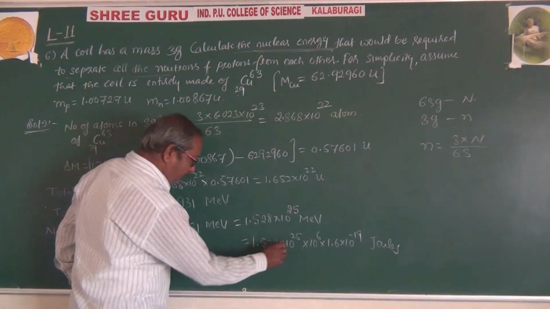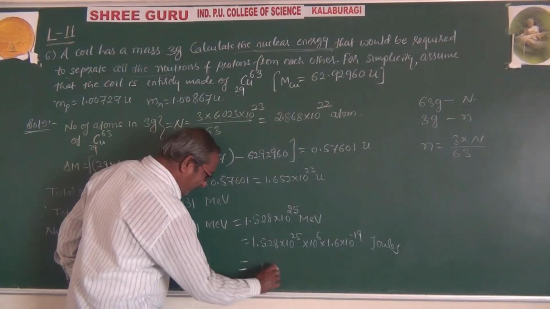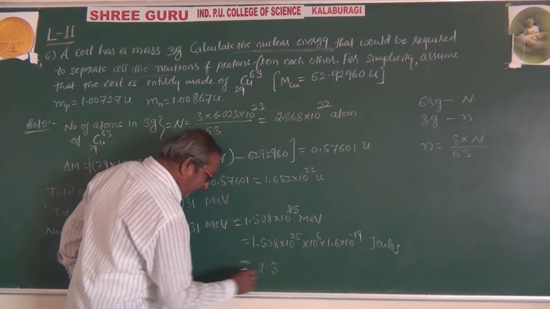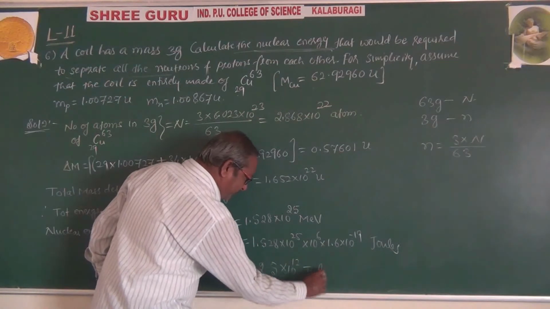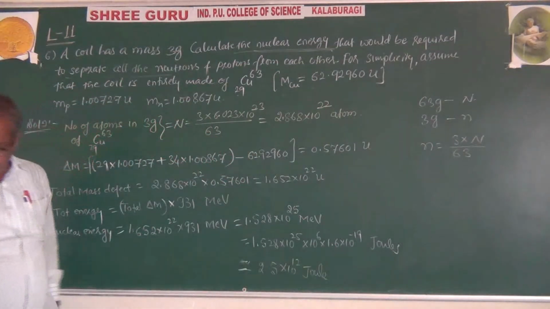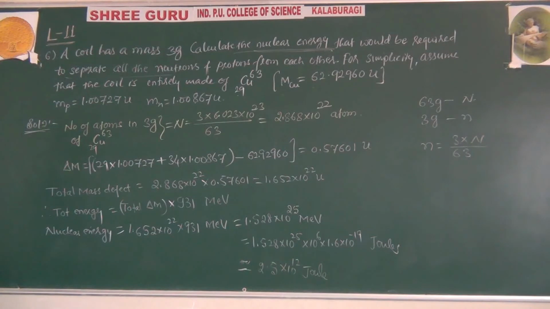So here this is approximately 2.5 into 10 raised to 12 joules. That much of energy will be. This is about the nuclear energy.